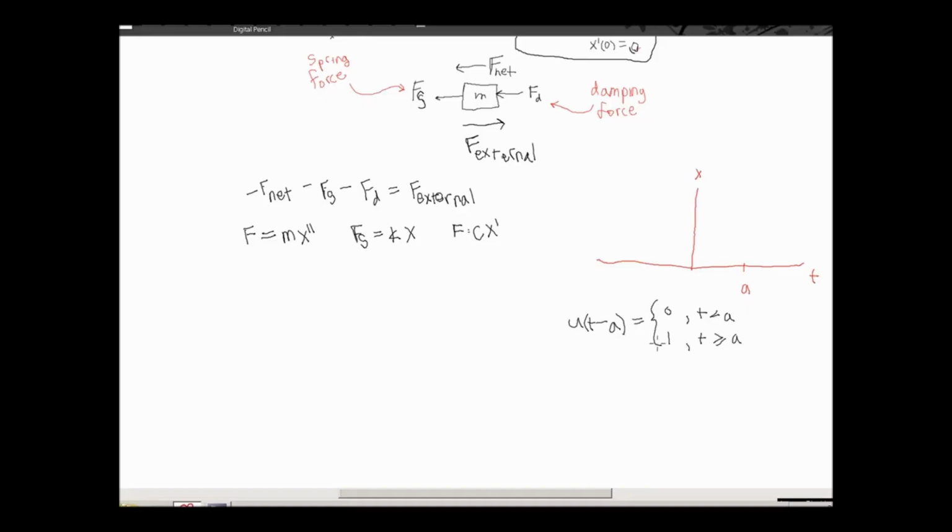It's not really a function because it's discontinuous at a. It's defined as being equal to 0 when t is less than a, but then jumps up to 1 when t equals a.